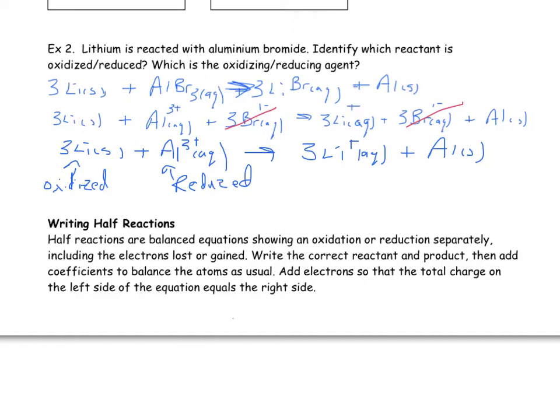Because the lithium supplies the aluminum with the electrons it needs to become reduced, it is known as the reducing agent. And because the aluminum accepted the electrons from lithium, causing it to be oxidized, it will be known as the oxidizing agent.